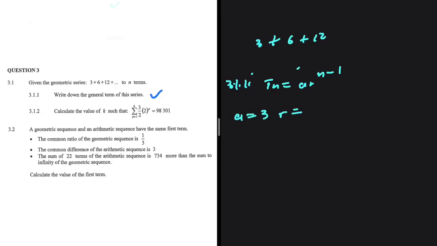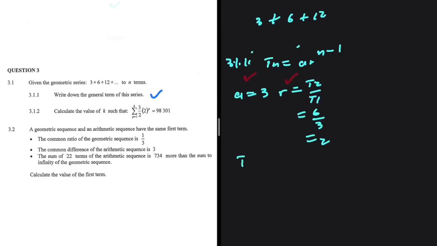We just divide the two terms that are next to each other. So here, if we divide T2 by T1, we're going to have 6 divided by 3, which is equals to 2. So we have A, we have R. Tn will be equals to A, which is 3, R, which is equals to 2 to the power n minus 1. So this is the general term of this series.